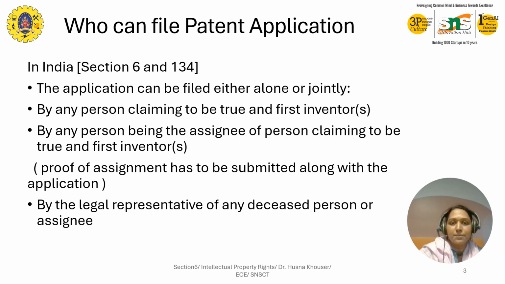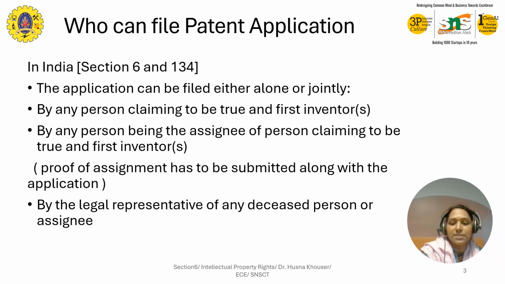In general, any person who has contributed to the claims of an invention is considered to be an inventor, though not necessarily the true and first inventor, and there can be multiple such people.